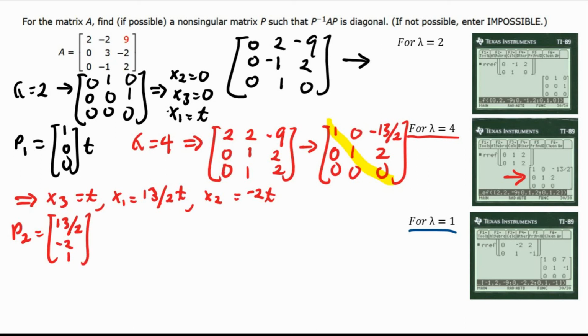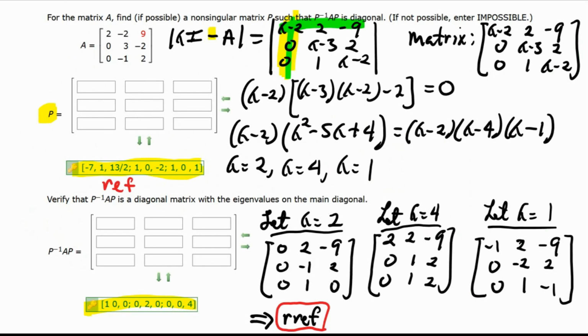And if you jump over and look at what he has, it looks like it's kind of flipped, and then he has that -7. I pick up a 7 for the next eigenvector.